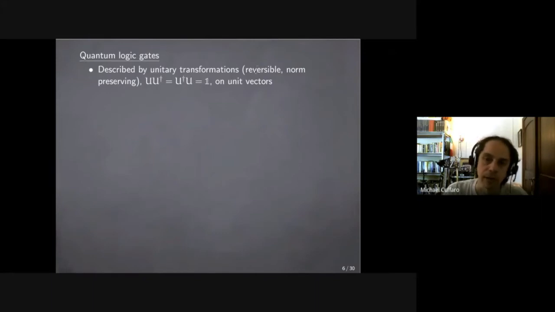We saw a little bit of that yesterday in Roberto's talk, how unitary transformations are reversible. Norm preservation is good because we want it to be the case that after running a qubit through a quantum gate, it remains the state of a qubit. Although we do have measurement gates, but we'll get to that later.